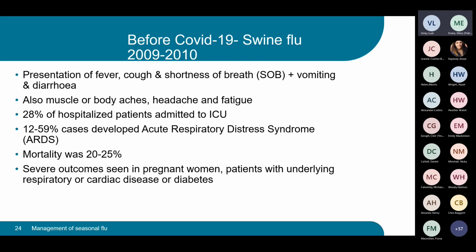Mortality was quite high, between 20 and 25%. Particularly severe outcomes were seen in pregnant women and patients with underlying respiratory and cardiac disease or diabetes. And it was from the swine flu outbreak that there was more recommendation for pregnant women to have the uptake of the flu vaccine.